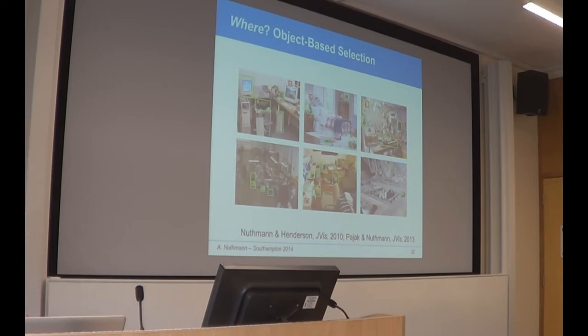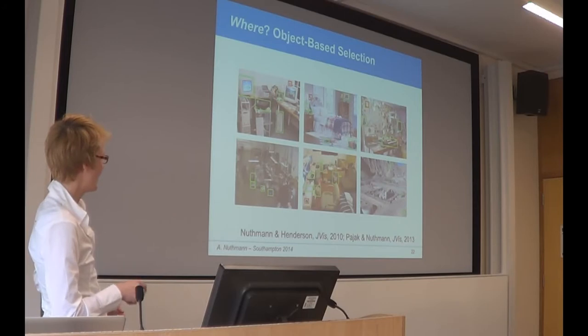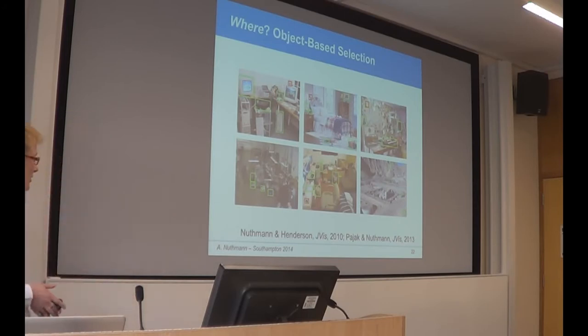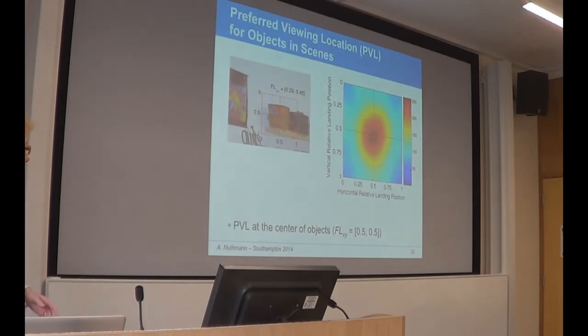My friends in informatics, world-class informatics in Edinburgh, are still not able to segment scenes into objects. So a student had to tag the objects in the scenes. And we had about 730 objects tagged in more than 100 scenes. The idea was to analyze the distribution of the eye fixations within those scenes.